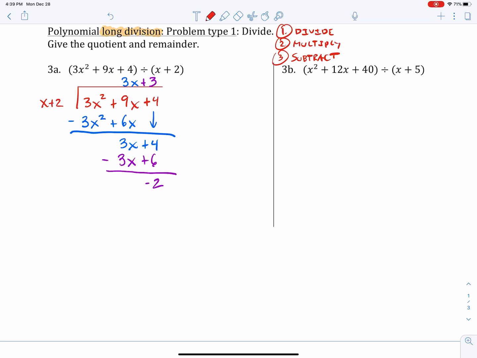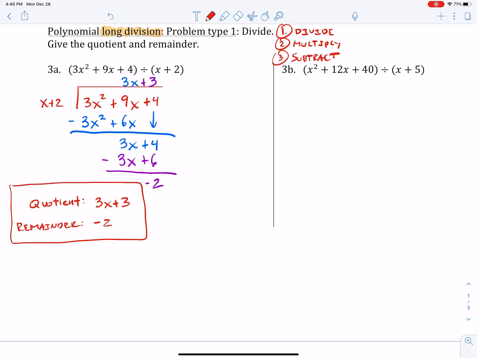So what we'll write as our answer is we'll have quotient of 3x plus 3, and then remainder of negative 2. And that will be our answer.